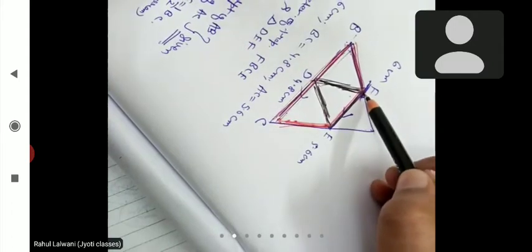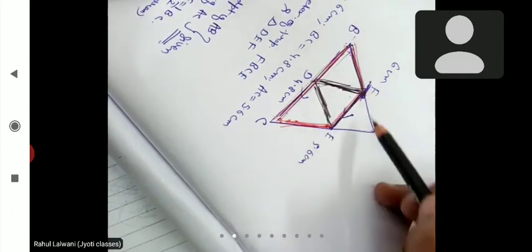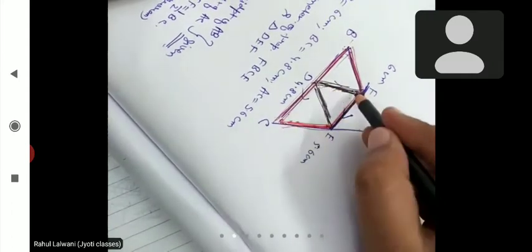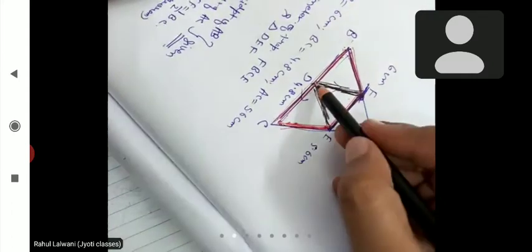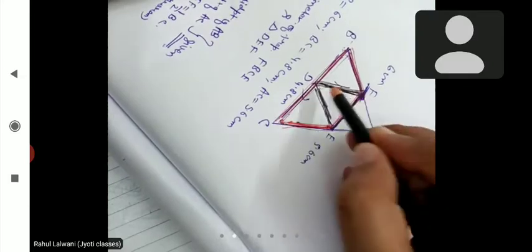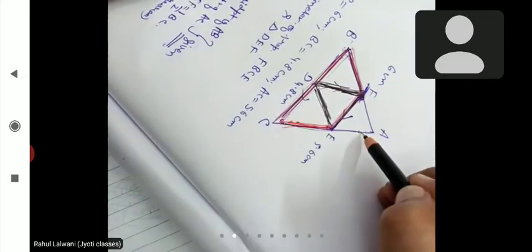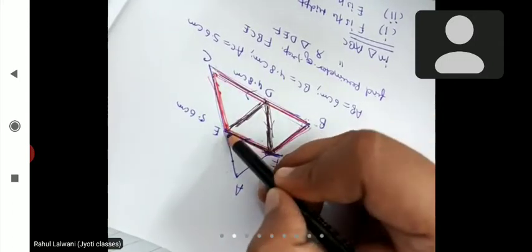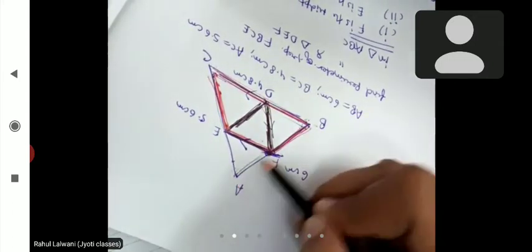If you turn your notebook like this, what do you get? D is the midpoint of BC, F is the midpoint of AB, so DF is half of AC. Similarly, D is a midpoint, E is a midpoint, so DE is half of AB.